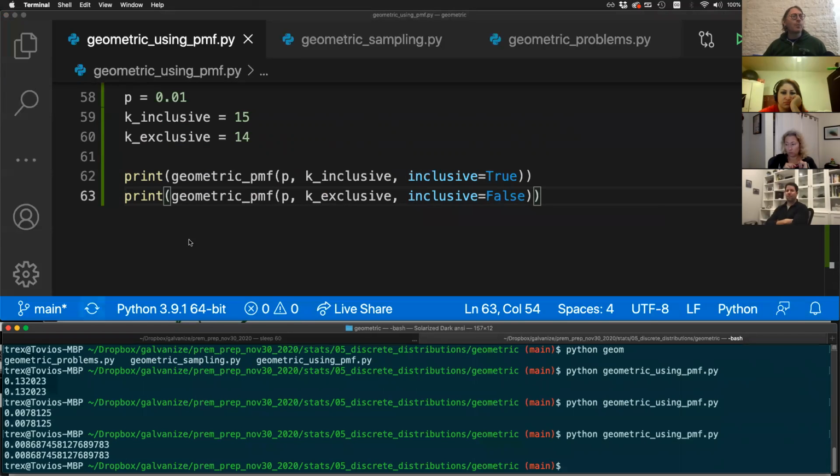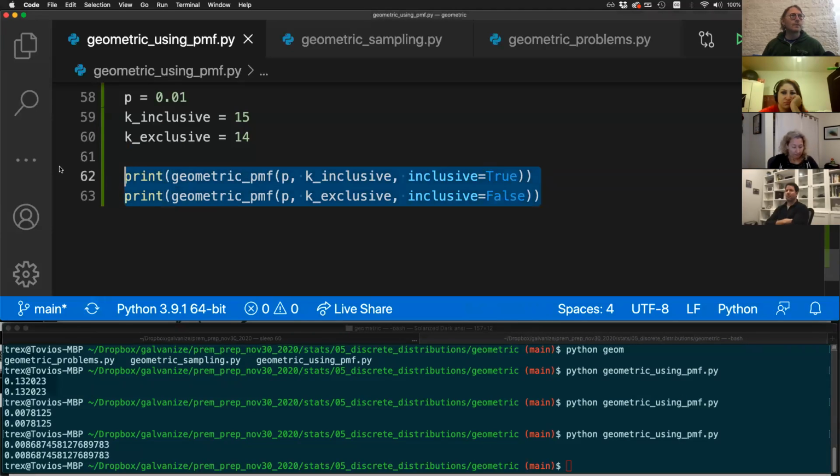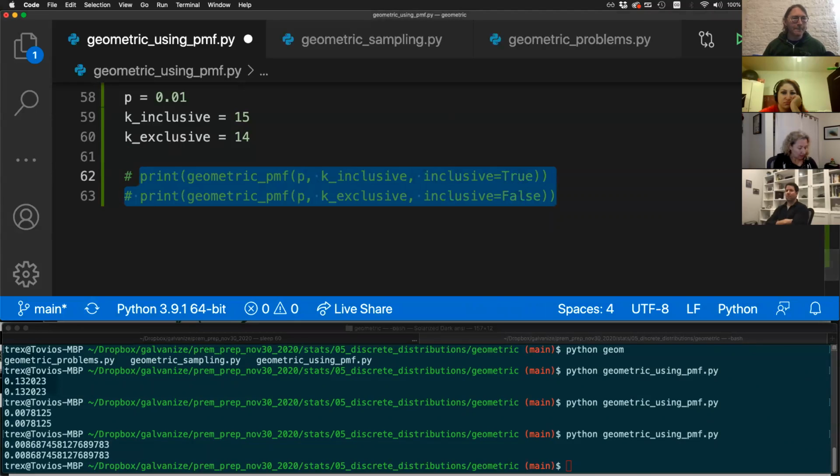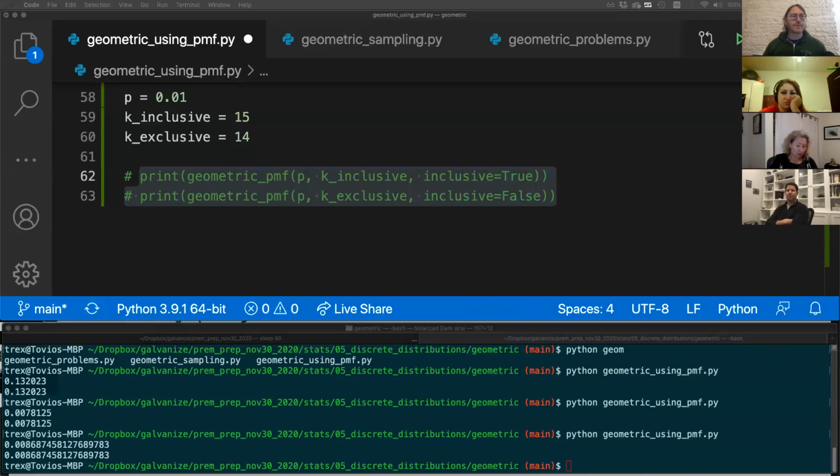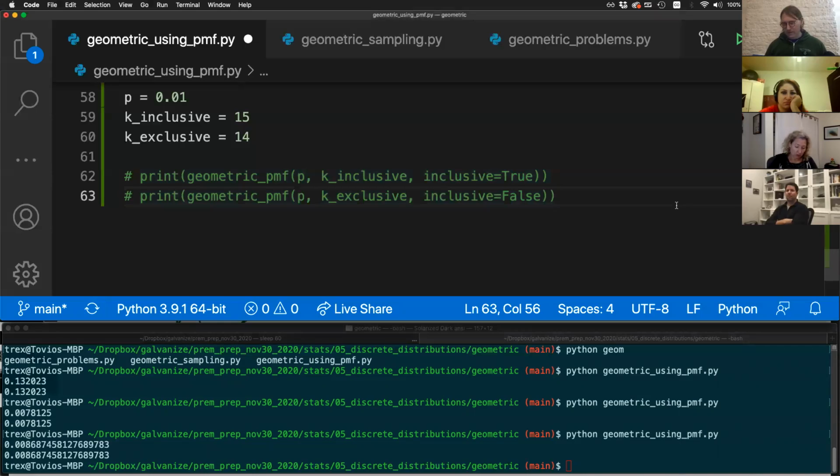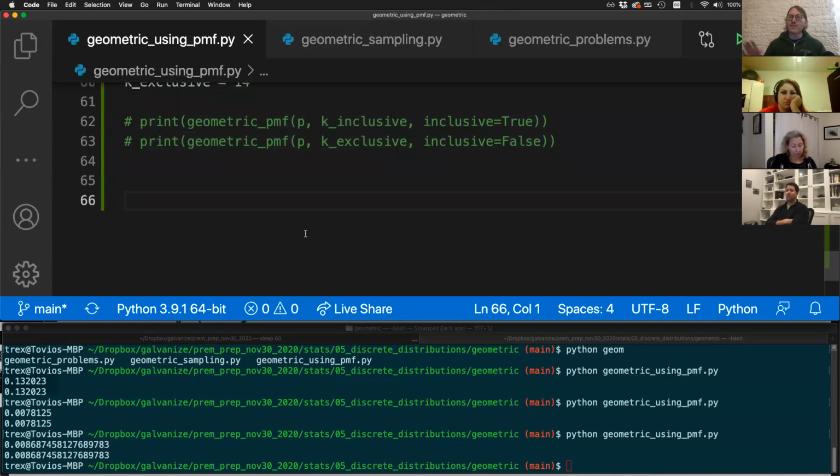So about a 0.8, like a roughly 0.9 probability that we're going to lose a packet on the 15th router. Okay. So it turns out, we've been focusing on the PMF for the other discrete distributions.